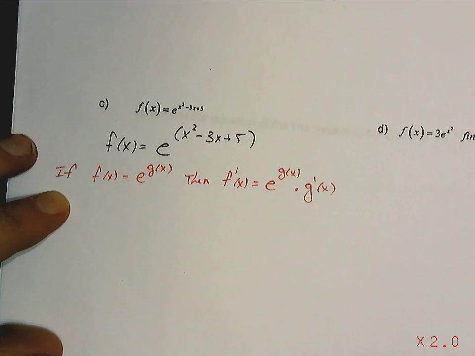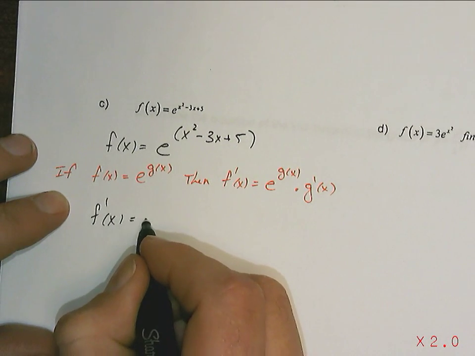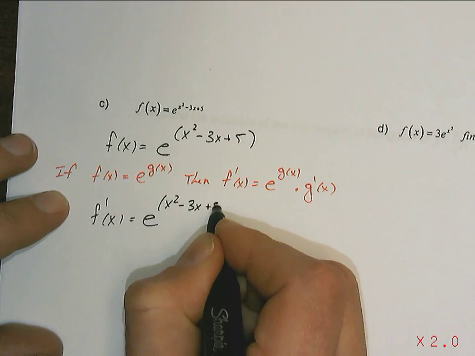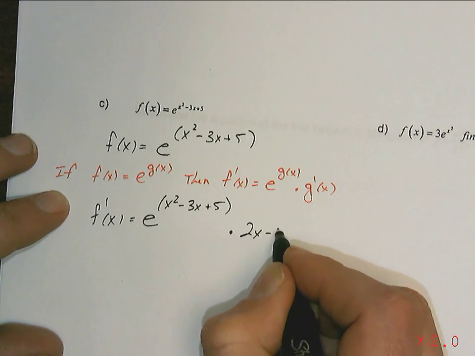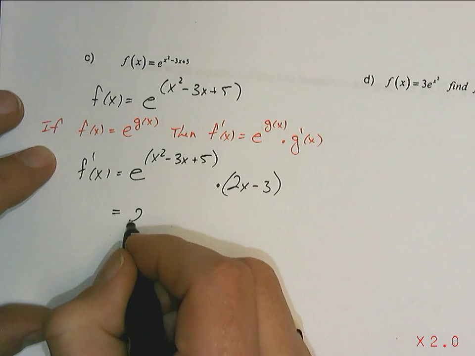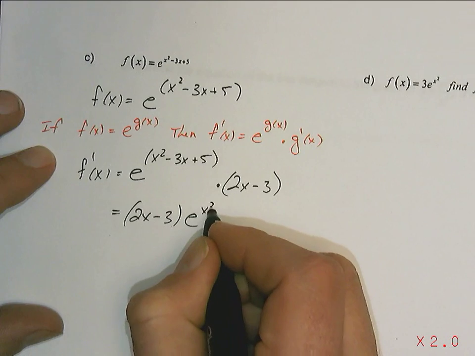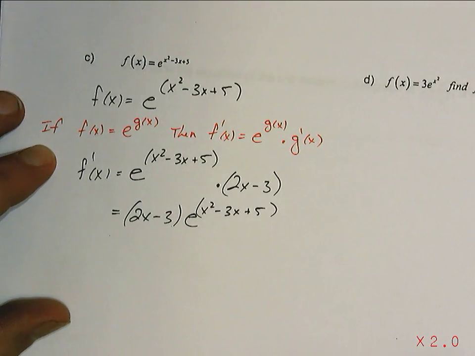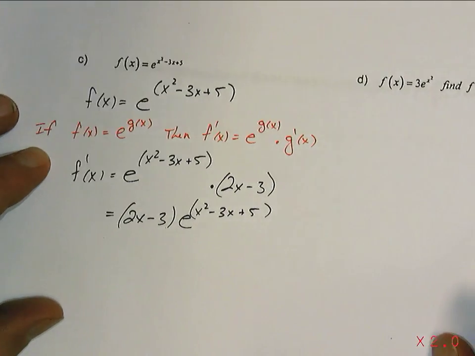So following that idea, f prime of x here is going to be e to the x squared minus 3x plus 5 times the derivative of the inside. And that'll be written as, just because it looks nicer for some reason, and that's it. That's all you can do. This is a term. You leave it alone.